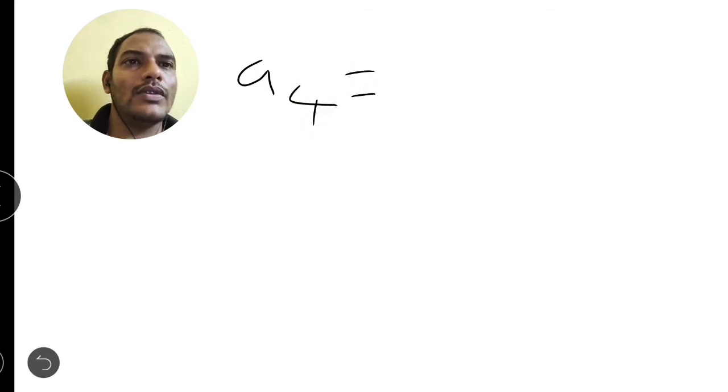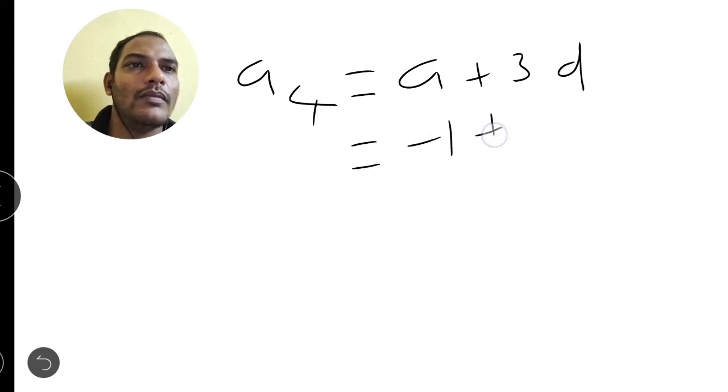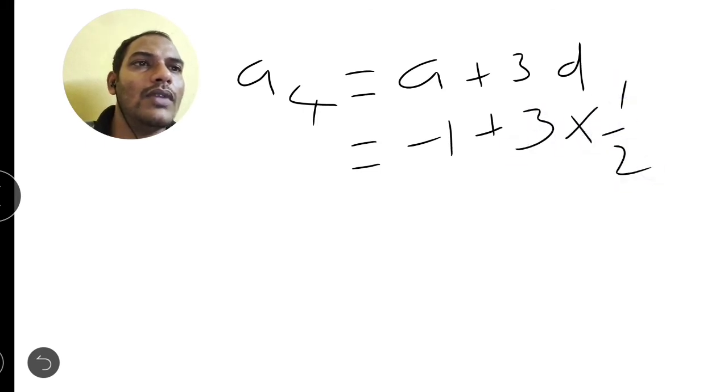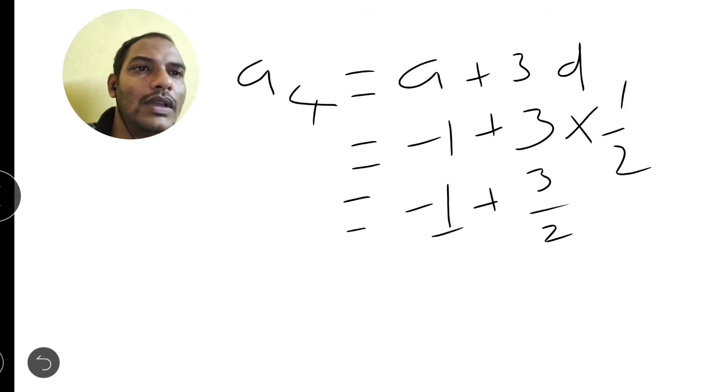Next fourth term A4 equals to A plus 3D. So A value minus 1 plus 3D, 3 into D value 1 by 2. So minus 1 plus 3 into 1 by 2 is 3 by 2. So here minus 1 I am writing as minus 1 by 1. So 1 comma 2 LCM is 2.